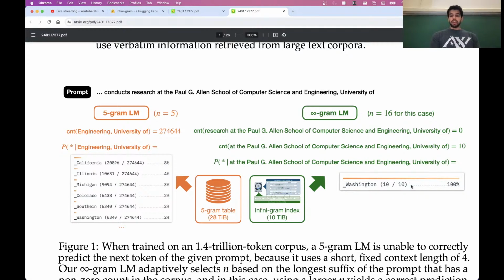And so they're able to predict with 100% probability that this is the University of Washington. So this is a good example of how, if you actually have occurrences of a very long string, you can exactly predict what word should occur next.